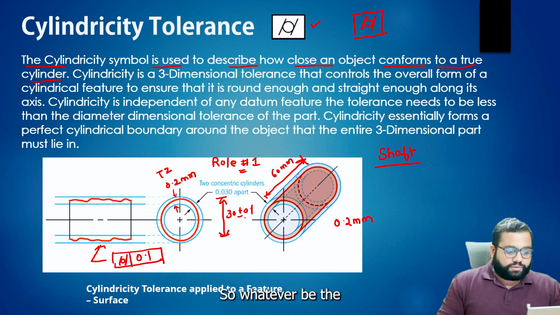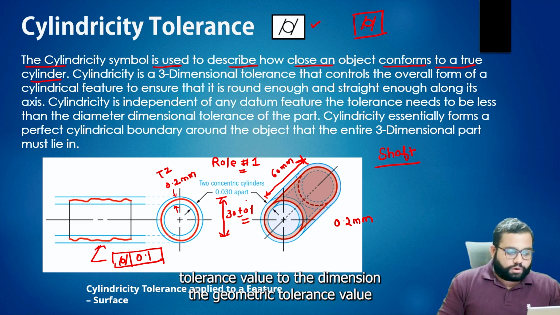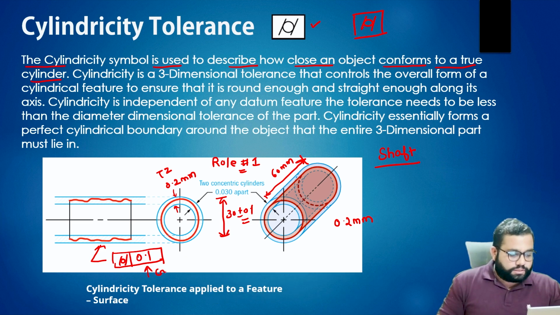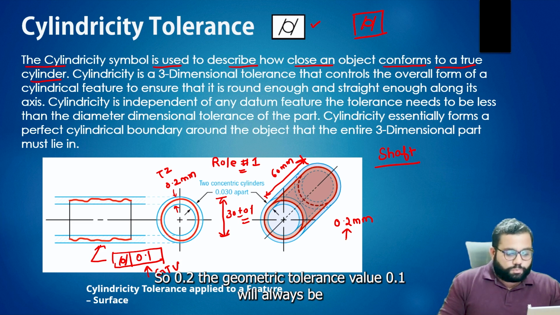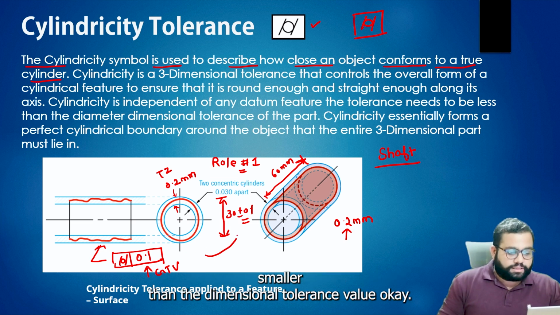Whatever the tolerance value on the dimension, the geometric tolerance value will always be smaller. So 0.2 is the dimensional tolerance, and the geometric tolerance value 0.1 will always be smaller.